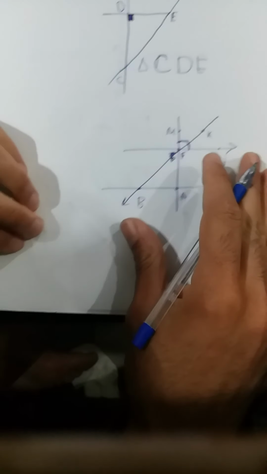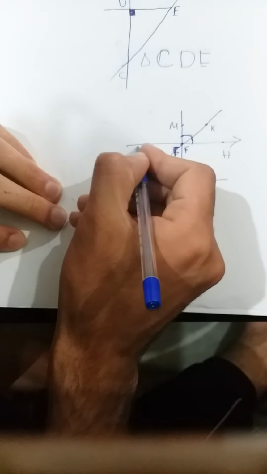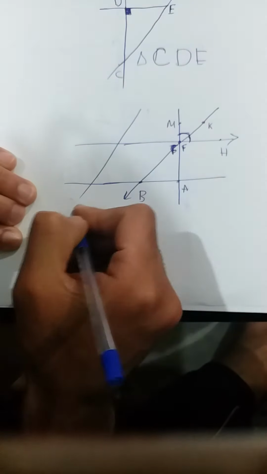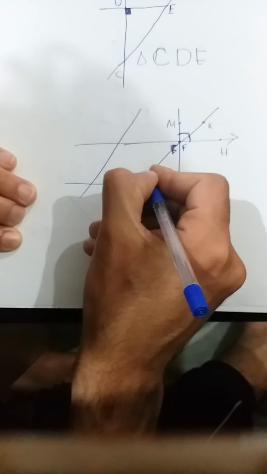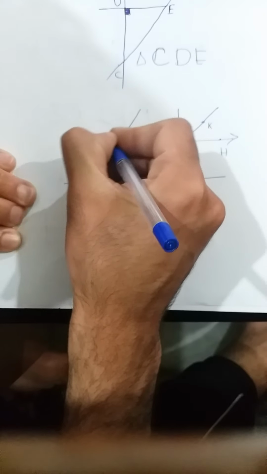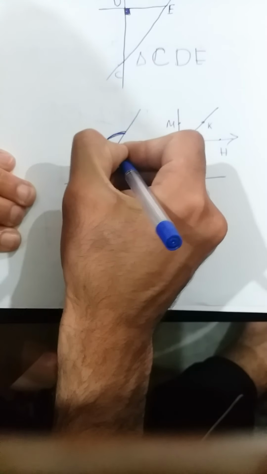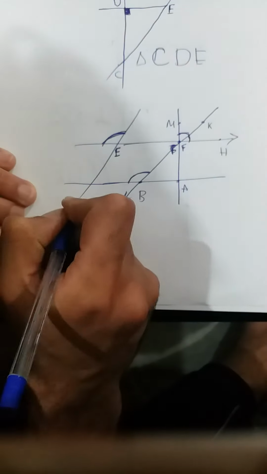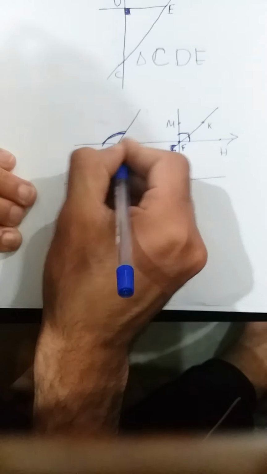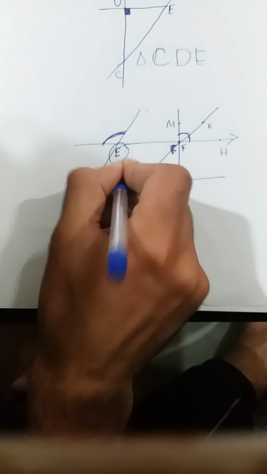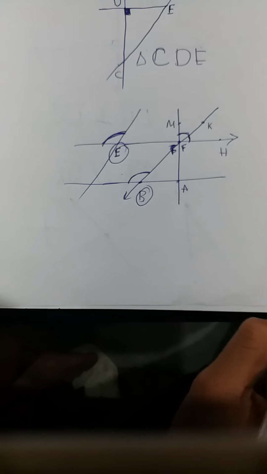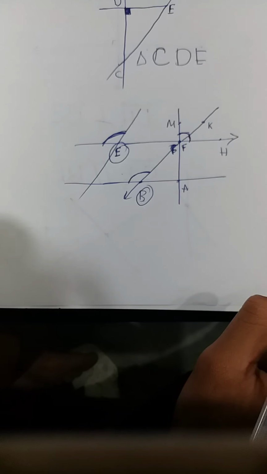So if you see here, this angle and this angle are bigger than a right angle, which is B and E. So I'm going to write B or E. It's an obtuse angle. Let's go and solve number 7.